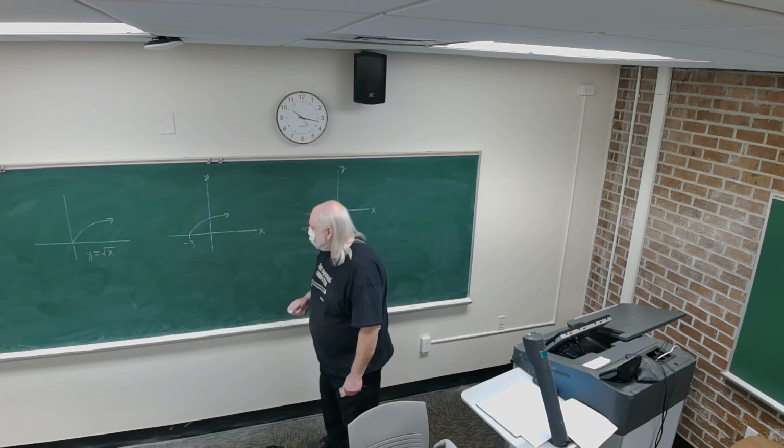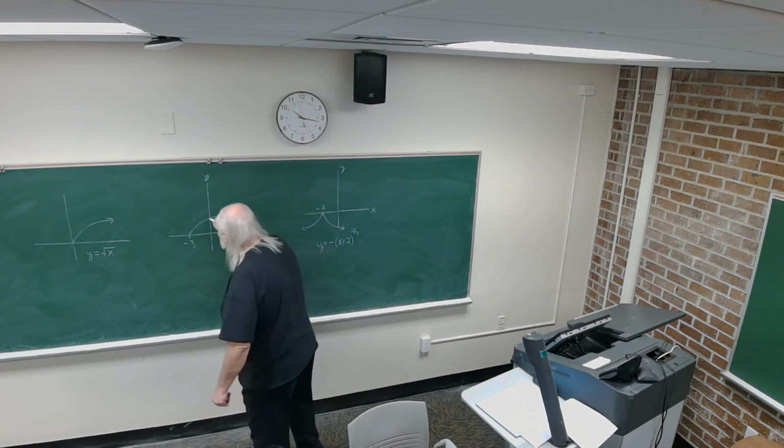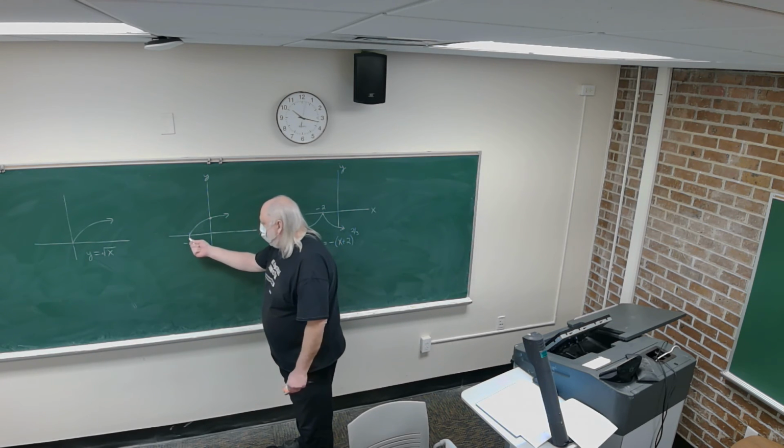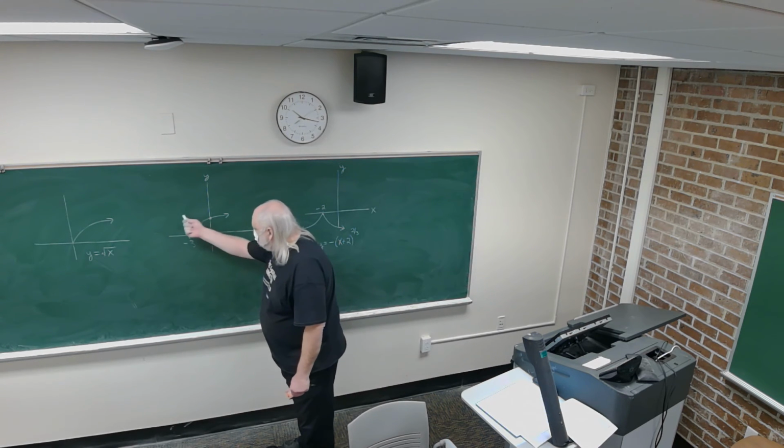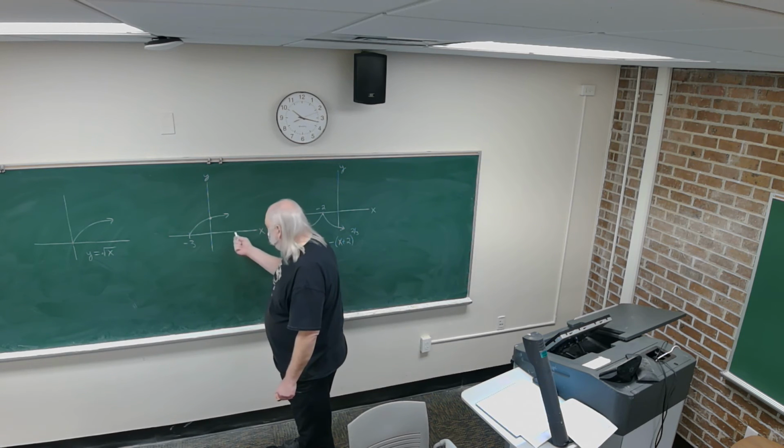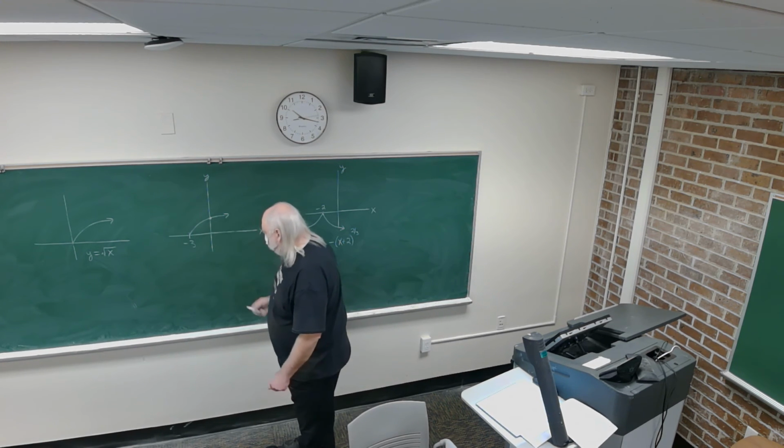And then we reflect it across the y-axis using this y-intercept as a pivot point. So this point here at -3 is now over here at +3. And then the graph goes to the left instead of to the right. It goes from here to the left through that point.